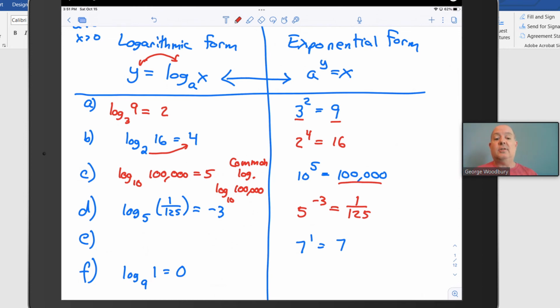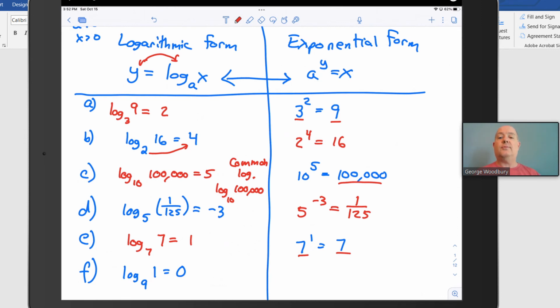For E, we have 7 to the 1st power equals 7. Log, what's the base? The base is 7. What's the argument? It's the number from the other side, also 7. What does that equal to? The exponent, or 1.